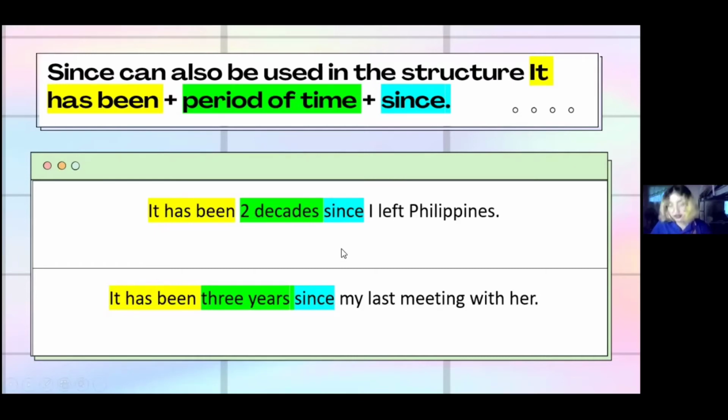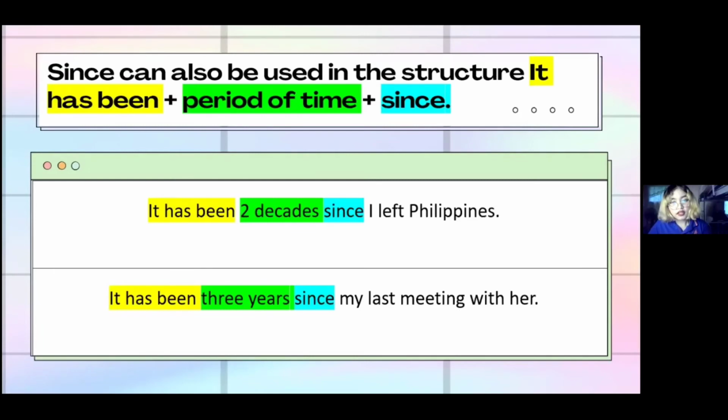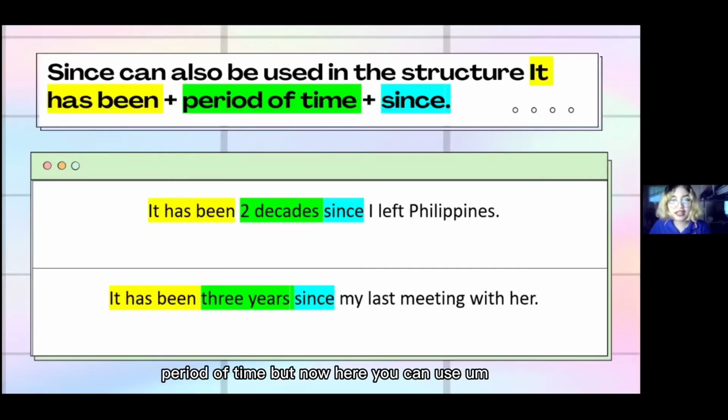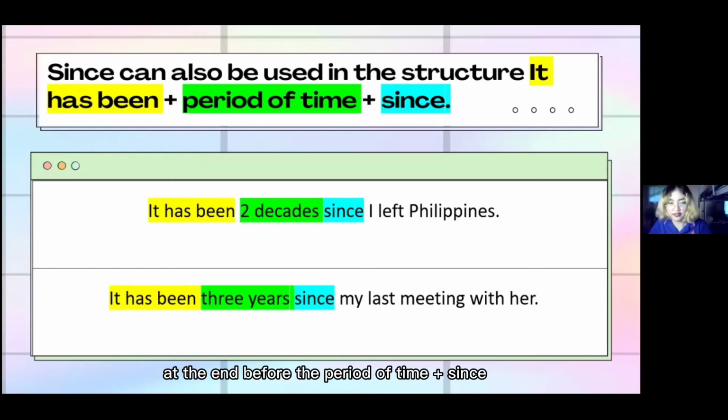You can see here that since goes first before the period of time, but now we can use since at the end, with the period of time coming first before the word since.